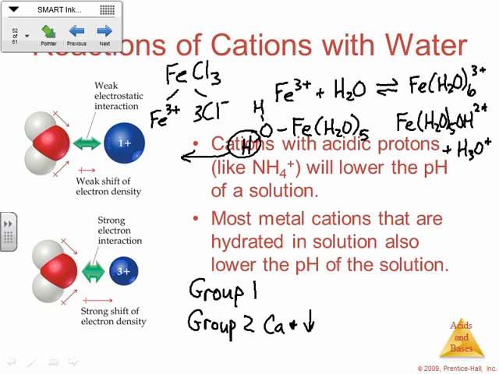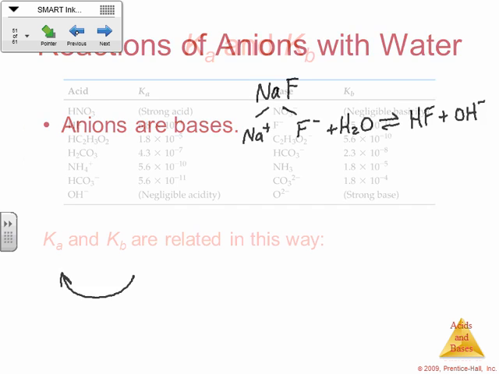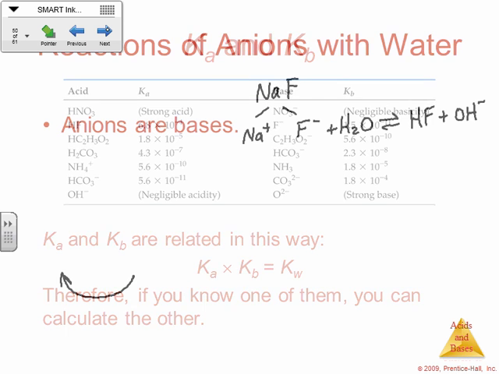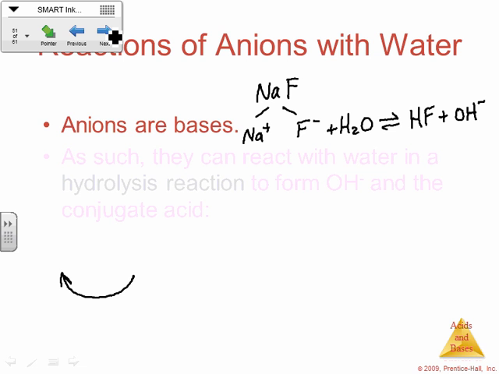All right, so going back to the sodium chloride thing. We talked about sodium chloride and the fact that sodium chloride doesn't change the pH of the solution at all when you put it in. The reason for that is it dissociates into sodium, which is in group 1, so that doesn't change the pH at all.